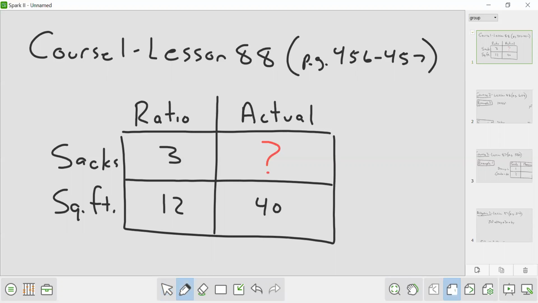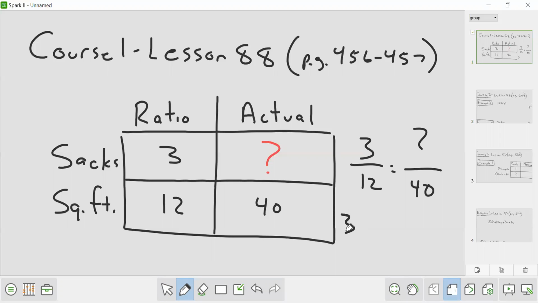And so you have your proportions set up. And so now you know that 3 over 12 is going to equal something over 40. And what we've learned already is that when we have a proportion, 2 equal ratios, I can do it in 2 different ways. One is to see what I'm multiplying 12 times to get 40, but the other way is to do cross multipliers.